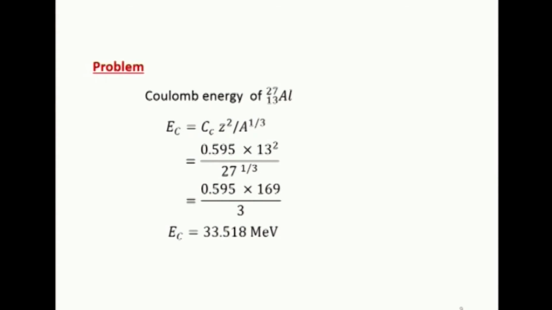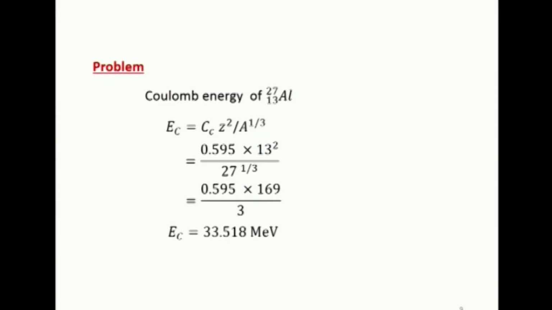Once you know this formula, we will be able to calculate the Coulomb energy of any nucleus. If you go for a bigger nucleus, the Coulomb energy is proportional to Z squared. So, as Z increases, the repulsive energy goes on increasing. That is why we are not able to get a very big nucleus.